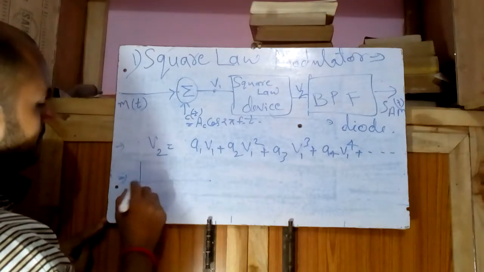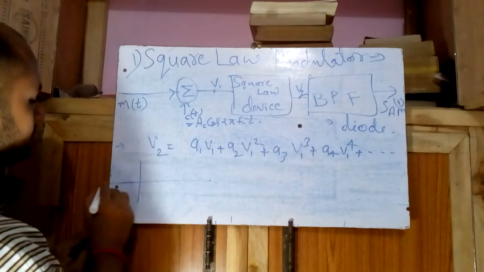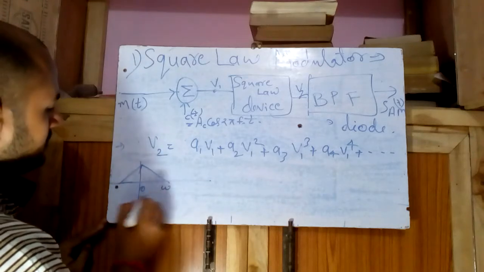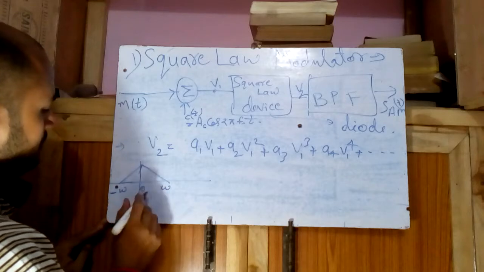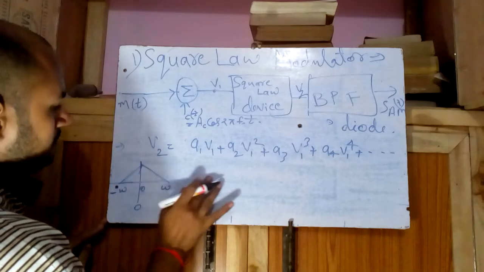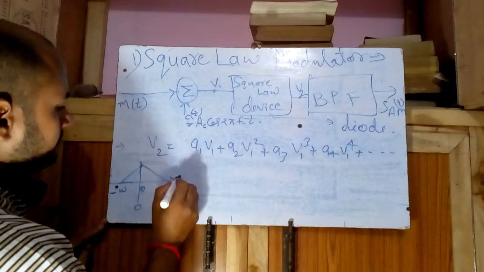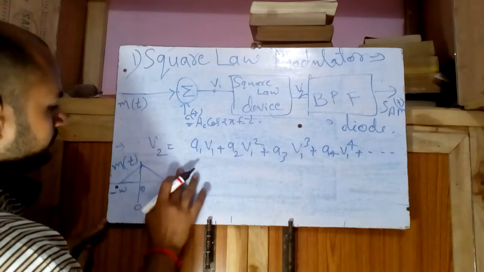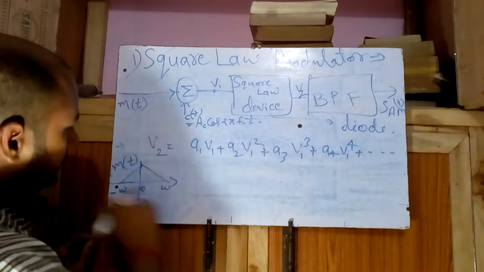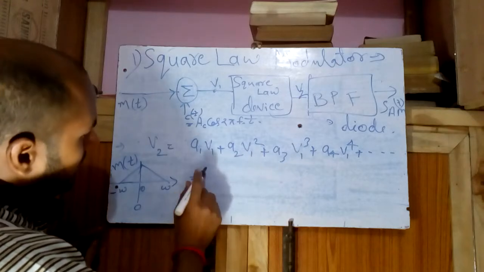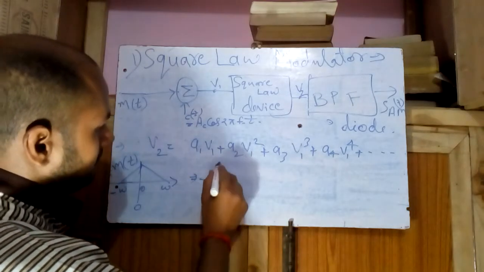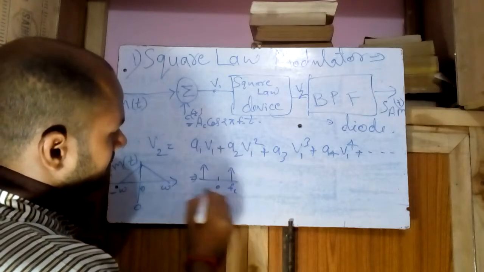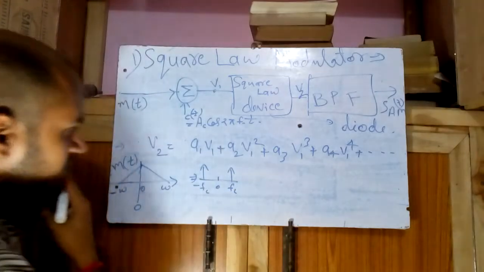We have any arbitrary message. This is 0, this is gamma, this is minus gamma, and this is message, right? In frequency, and the carrier is this, FC, minus FC.